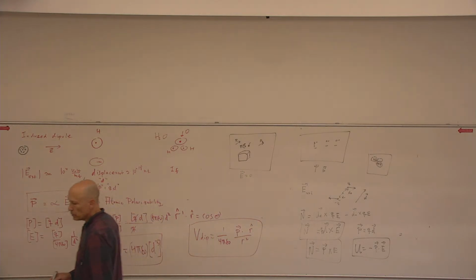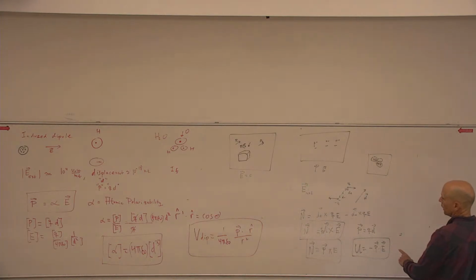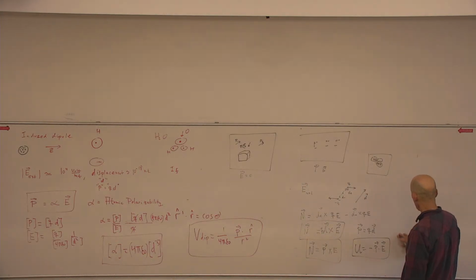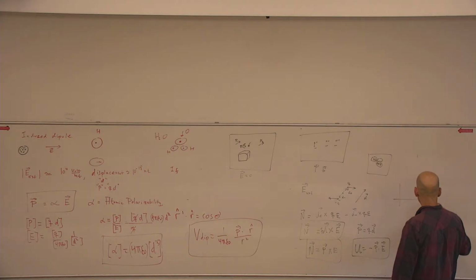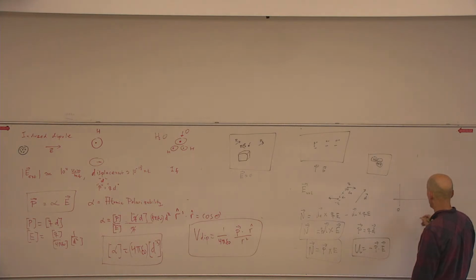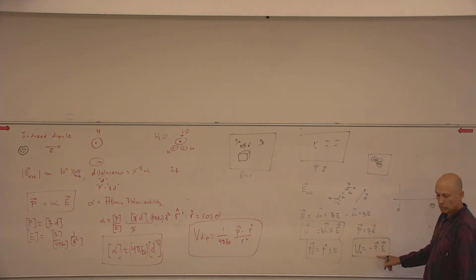What does it mean? It means something very simple: U is minus P dot E. And this is the important thing. As a function of theta, let's say E is positive, you have minus P E, some number, times a cosine.